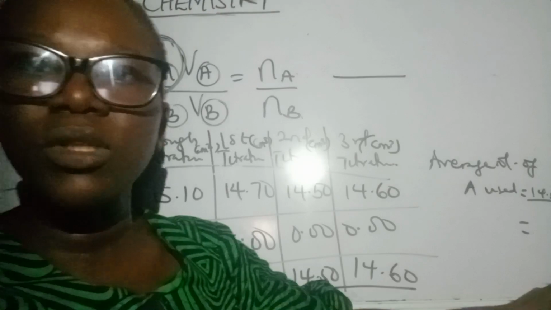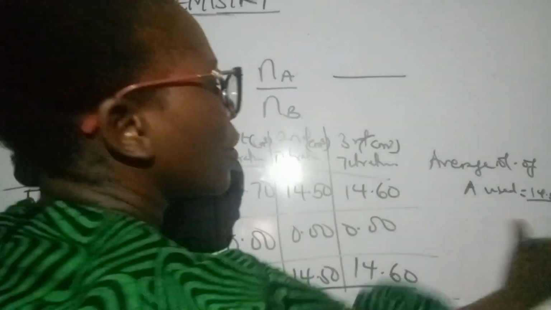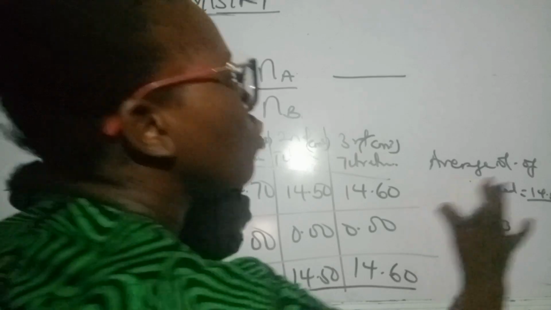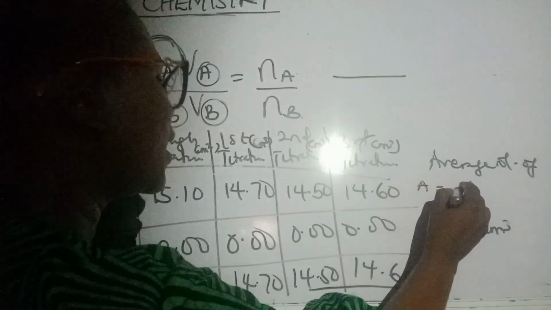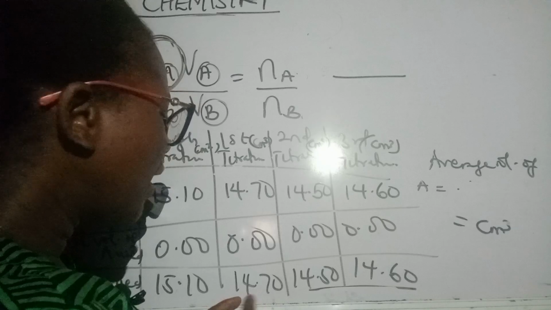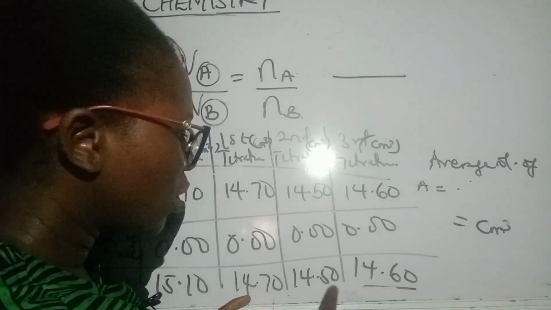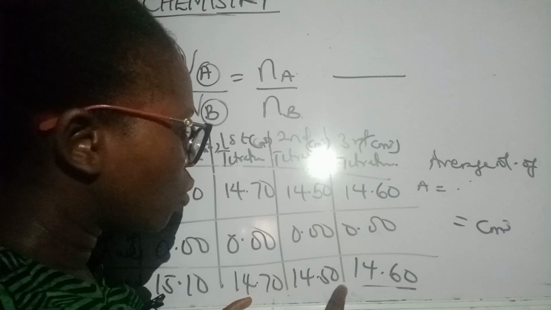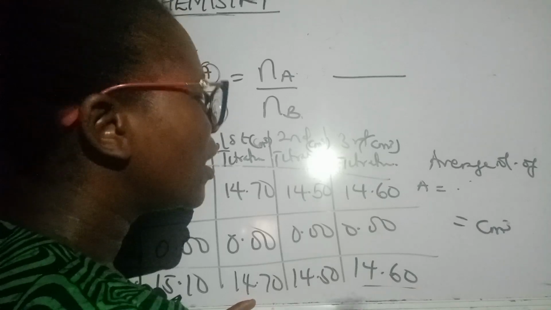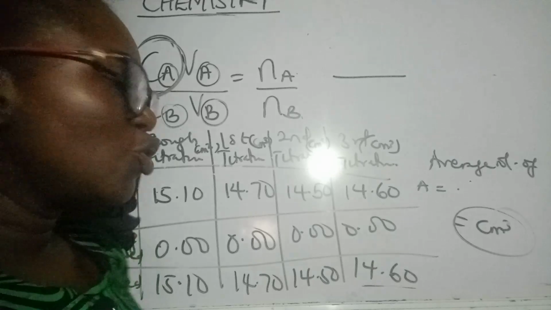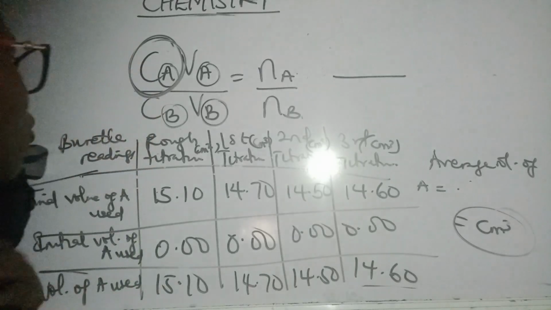If the unit is not there, there will be no mark. If you are adding three values, make sure they are in concordance, with a difference of 0.2 plus or minus, or 0.1 plus or minus. Add the three and divide by 3, and your answer must be in cm cube. That is the unit. If there is no unit, there will be no mark.